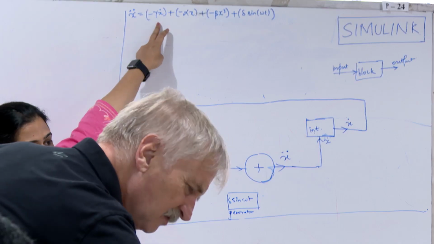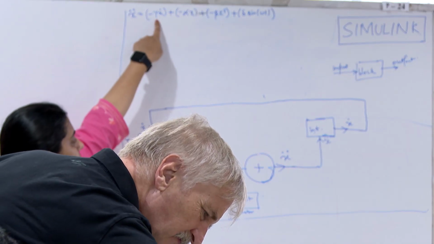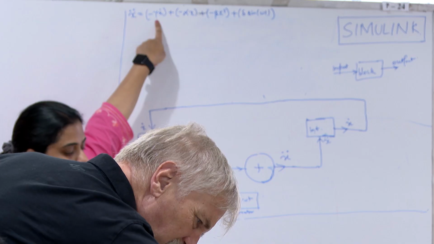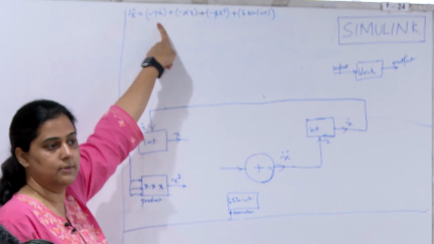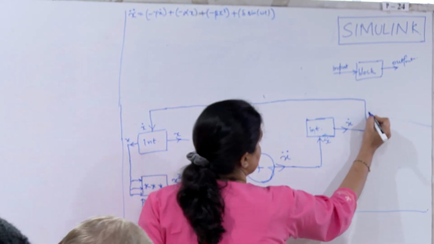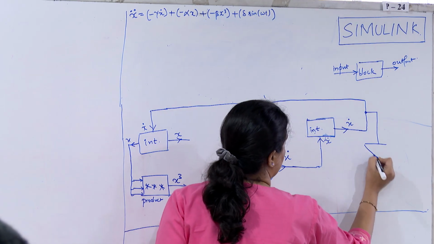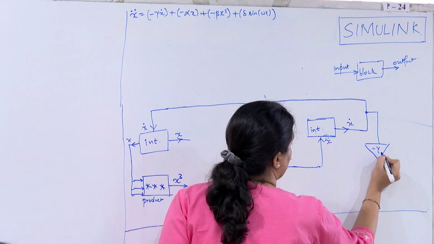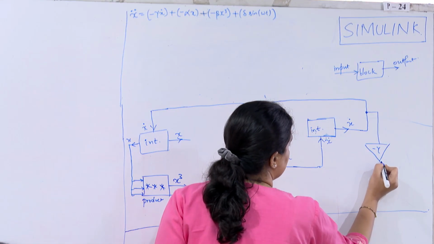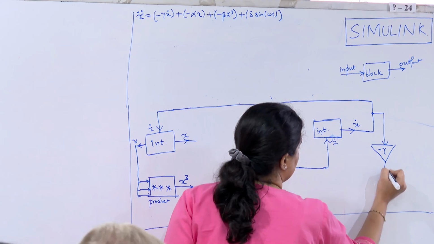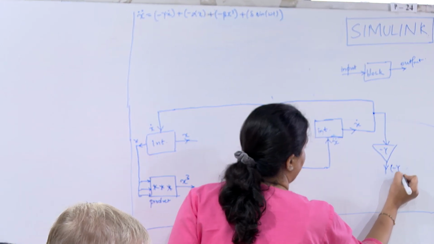Now we need gains. X dot needs to be multiplied with minus gamma. So from here we can just take x dot and add a gain of minus gamma, so the output becomes minus gamma into x dot.